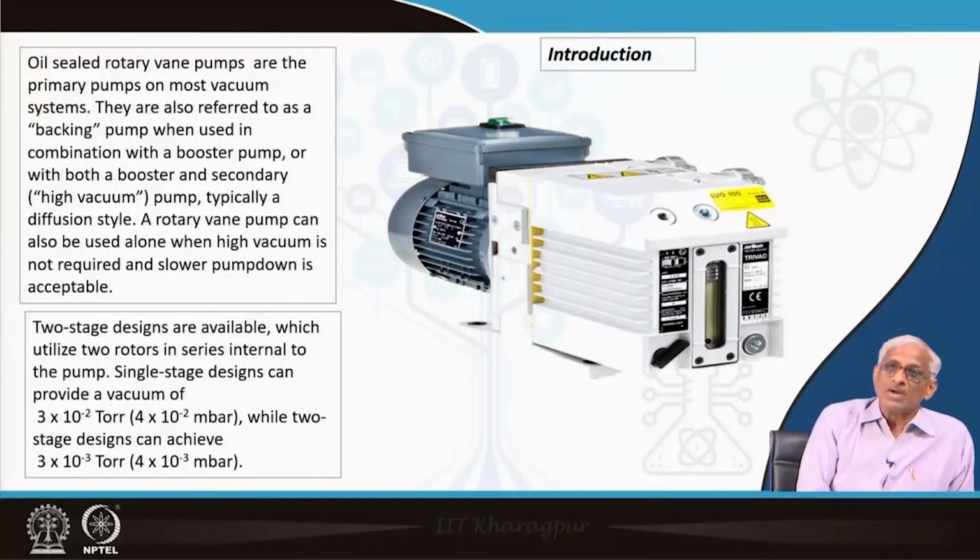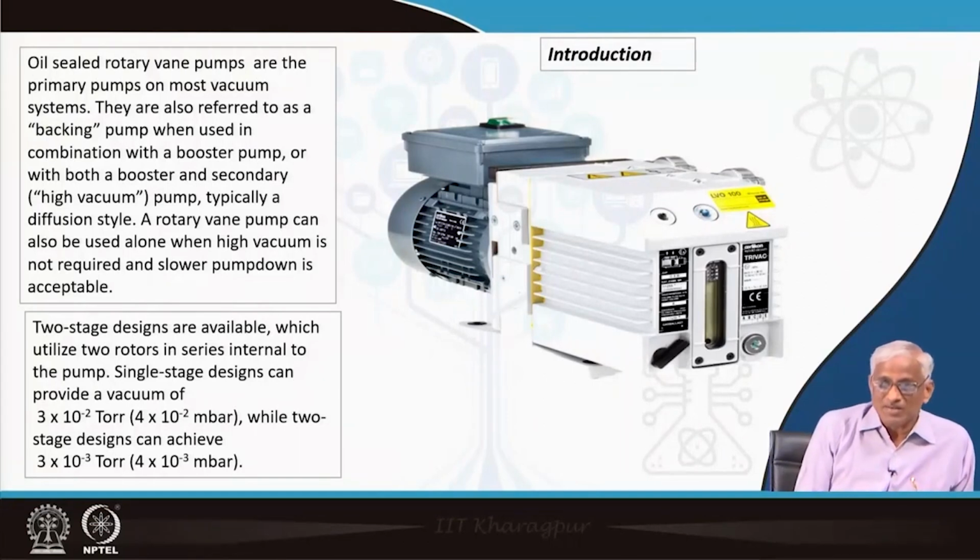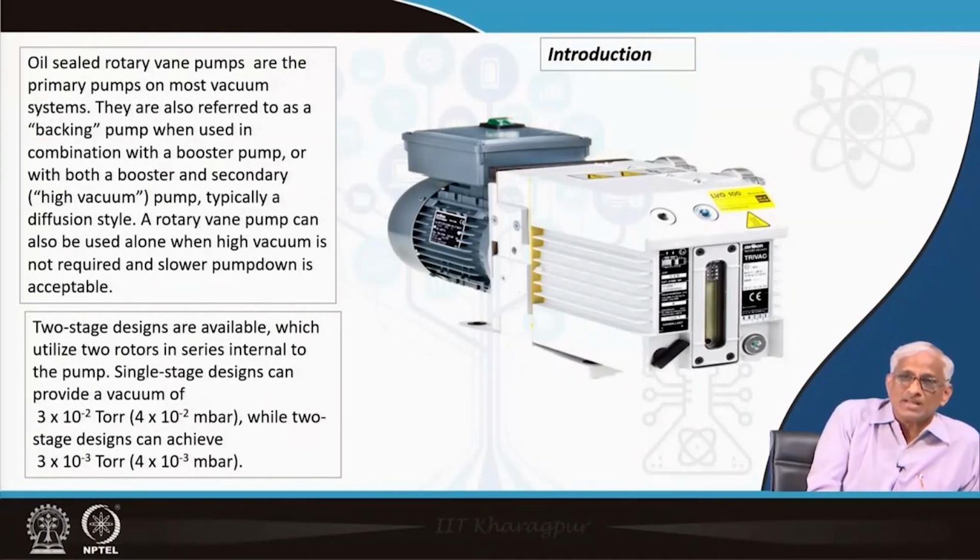This pump quality and its lifetime and its variation in pumping speed, you have to decide based on your budget and your application. Okay. And single stage and 2 stage varieties of pumps are available.